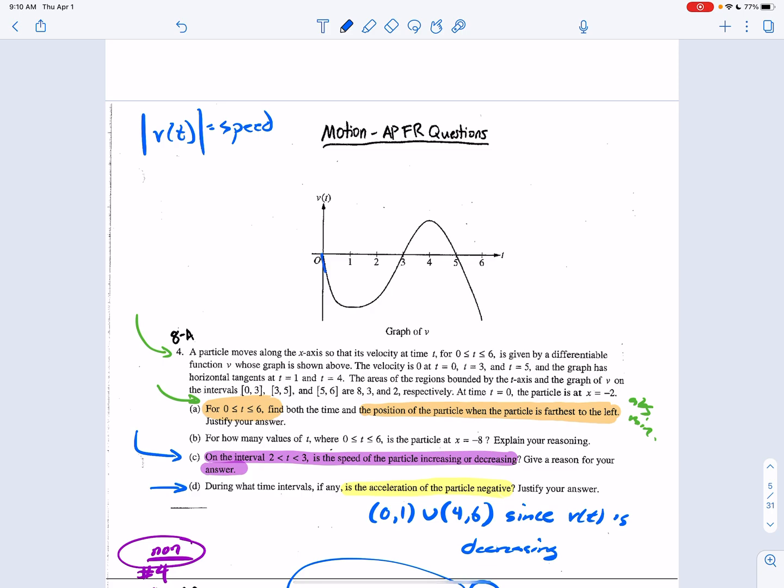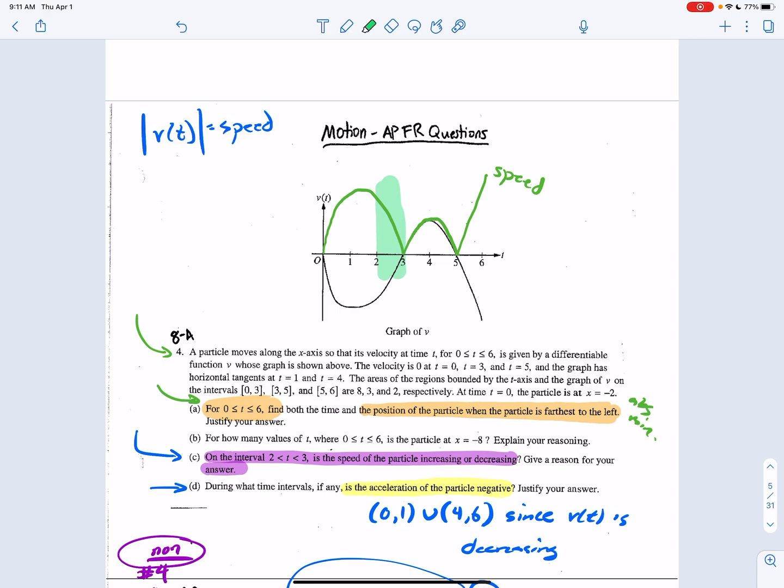Notice how down here and down here it's negative. If you reflect that and turn it positive, it'll look a little bit like this. Everything in green here is really your speed, because everything below the x-axis will go upwards because you're turning everything positive. And it's very easy to see that from 2 to 3, your speed is decreasing, okay?